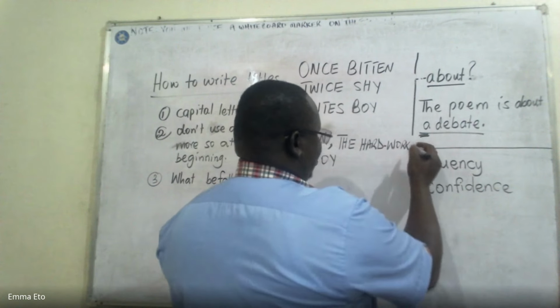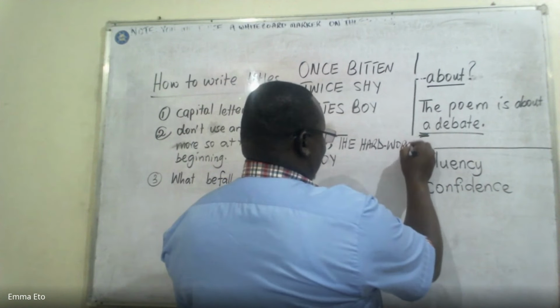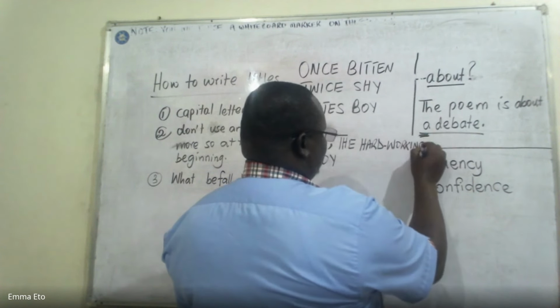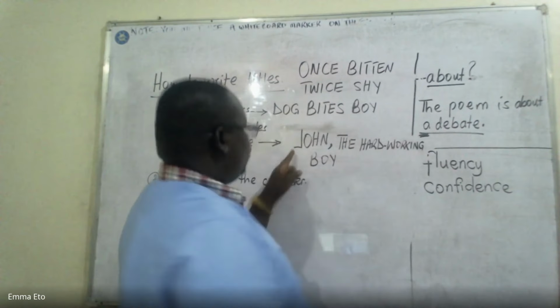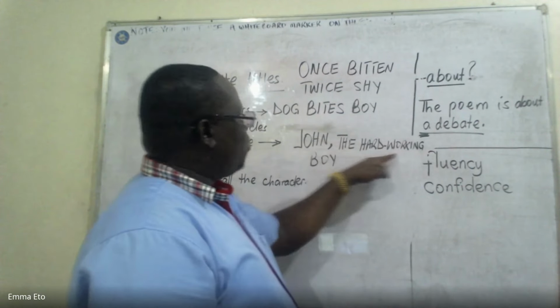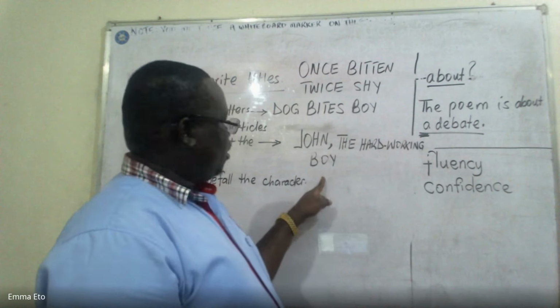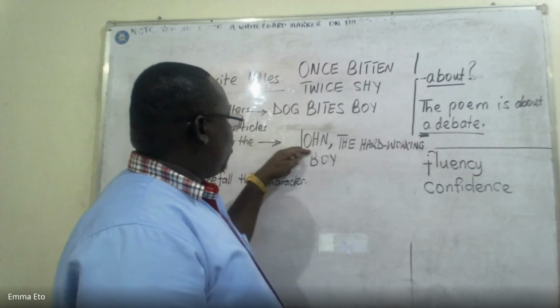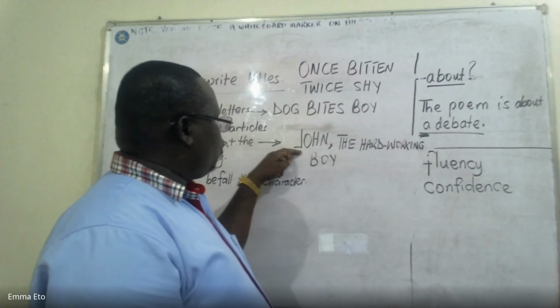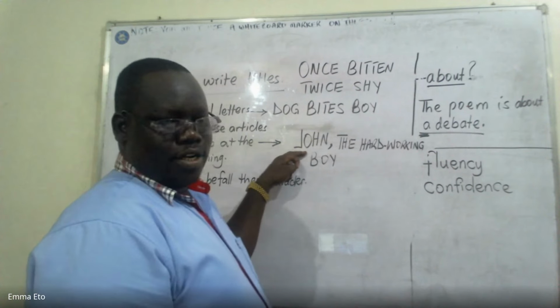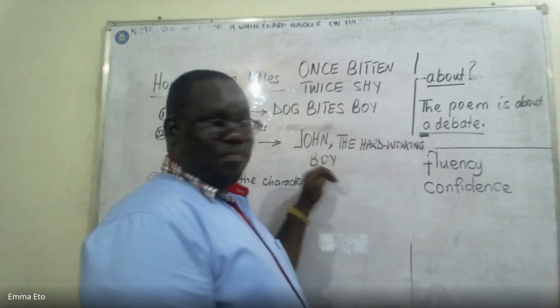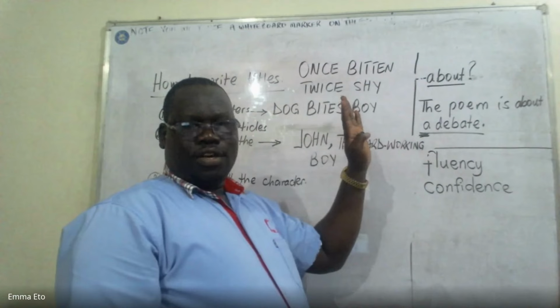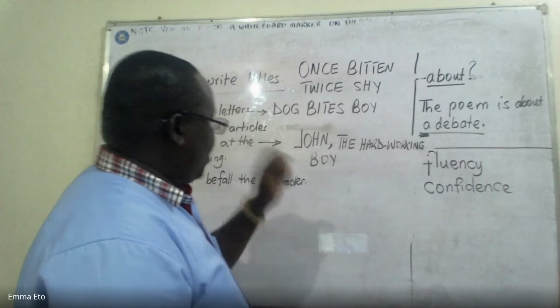I did not begin with it. There is even a punctuation. John, the hardworking boy. When I talk about John, somebody will ask, oh, John, which John? The hardworking boy. You get the point? And it becomes very clear.